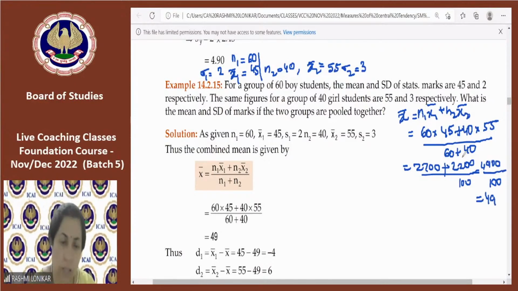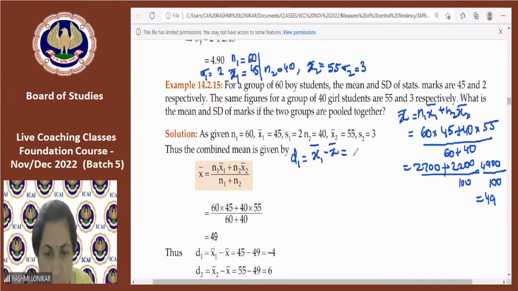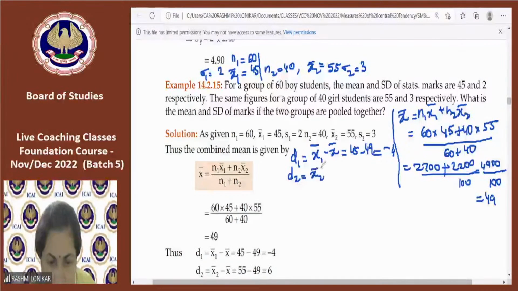Okay. Now once I have that, I can find D1. D1 is X1 bar minus X bar, which is 45 minus 49, which is equal to minus 4. And D2, which is equal to X2 bar minus X bar, is equal to 55 minus 49, which is equal to 6. Okay.